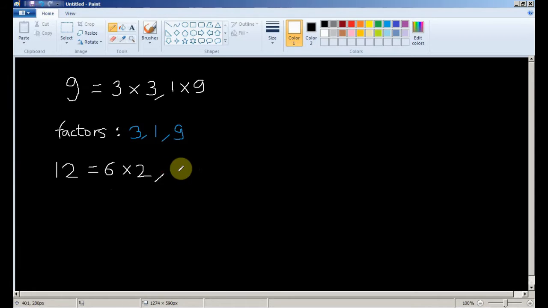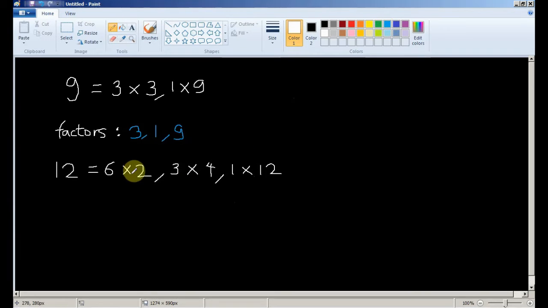And then what are the other cases? 3 multiplied by 4 gives 12. And then 1 multiplied by 12 itself gives the same answer. So I think that's enough.